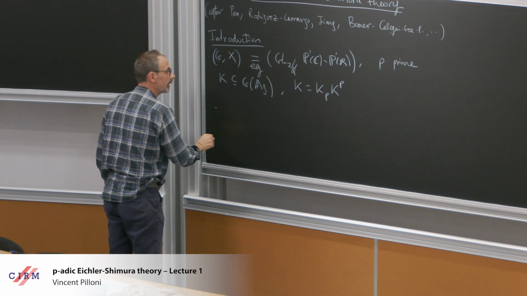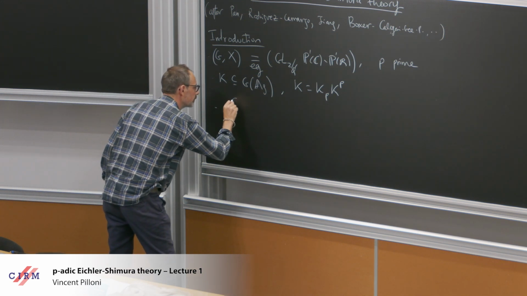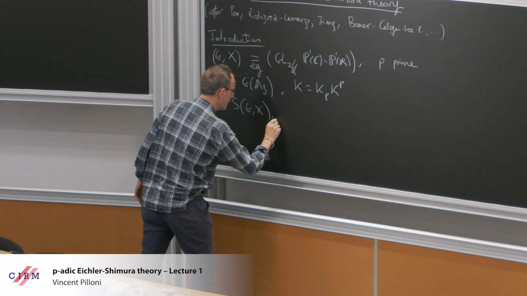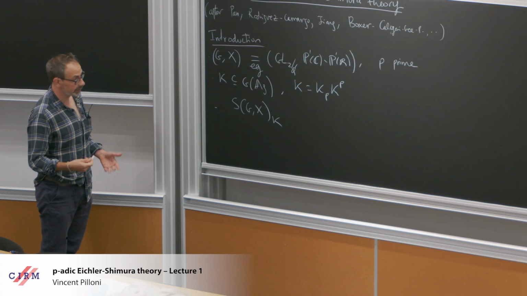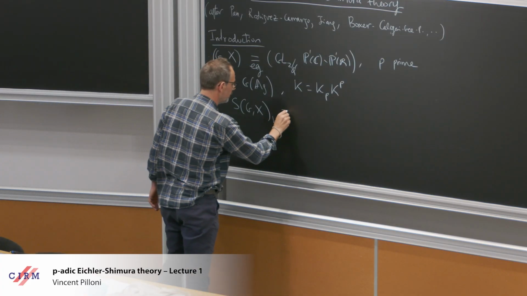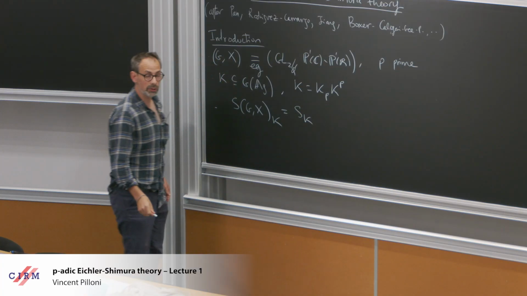Then we can consider the modular curve. I will write it S_{G,X,K}, the Shimura variety attached to (G, X) with level K, but I will abbreviate it by S_K.